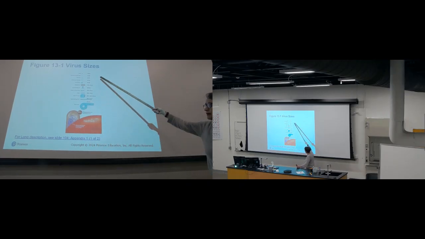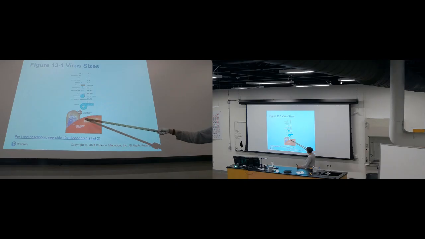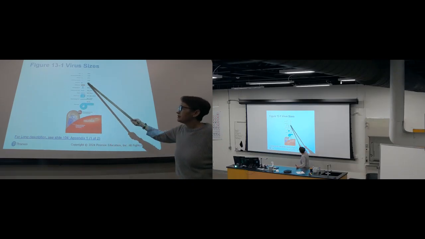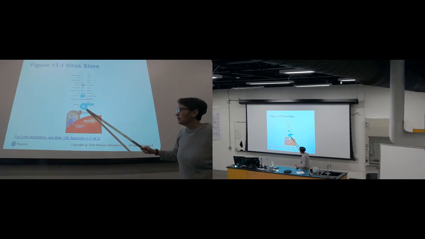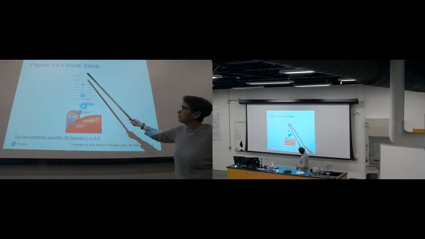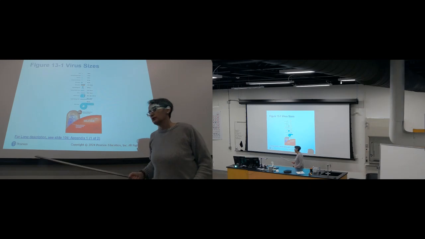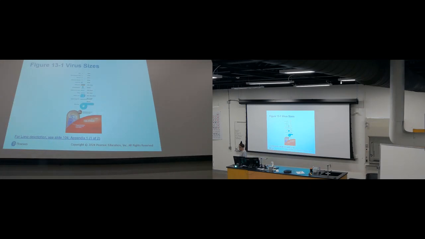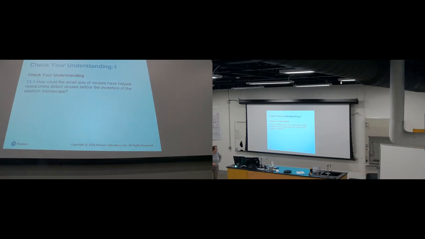And if you compare all of these viruses and bacteria to one red blood cell, which measures about 8 micrometers in diameter from side to side, viruses are very tiny. And then we have hosts for viruses that are plant cells, bacterial cells, animal cells, and even fungal cells. So viruses can infect all the hosts.